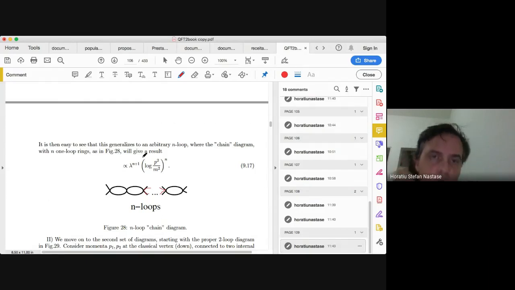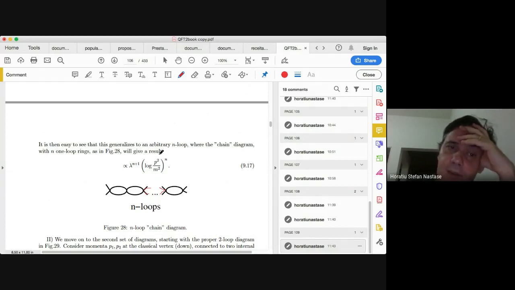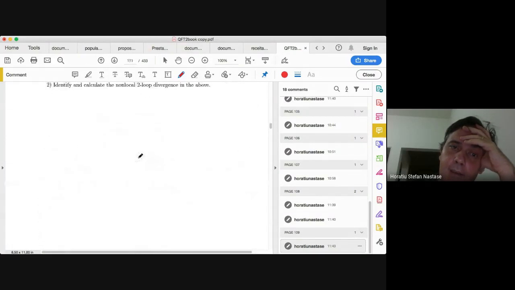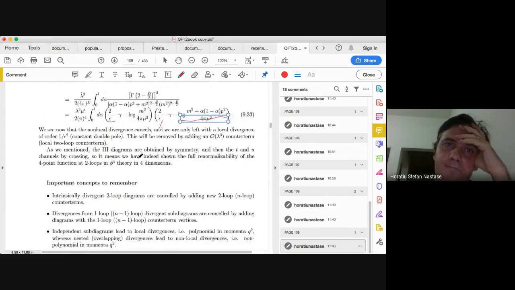At higher loops, we'll find powers of logs, so log to the n of p squared over m squared in the finite part, coming from these nested or non-independent divergences times epsilon, right? So these will be called leading logs in the finite parts.